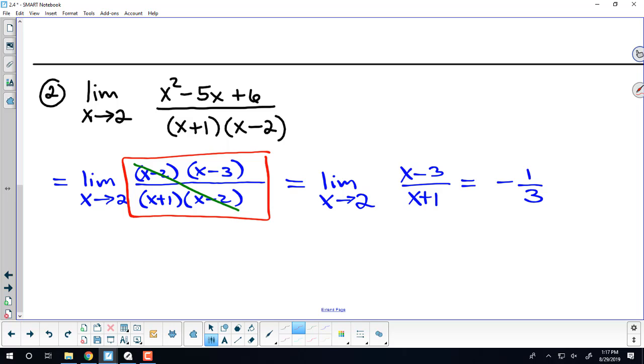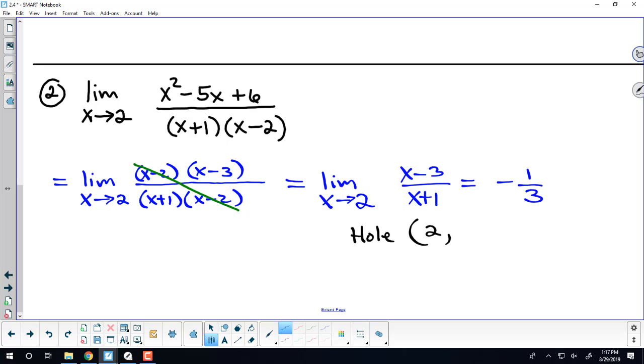And how do we find that hole? The definition, x minus 2 equals 0. The coordinate is kind of implicitly given to us because x is approaching 2. We have a hole at 2, and the y values were approaching negative 1/3.